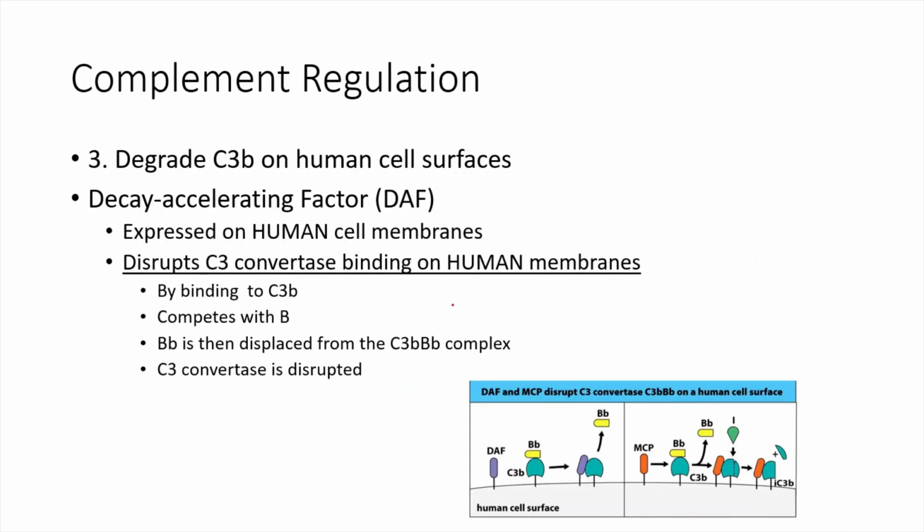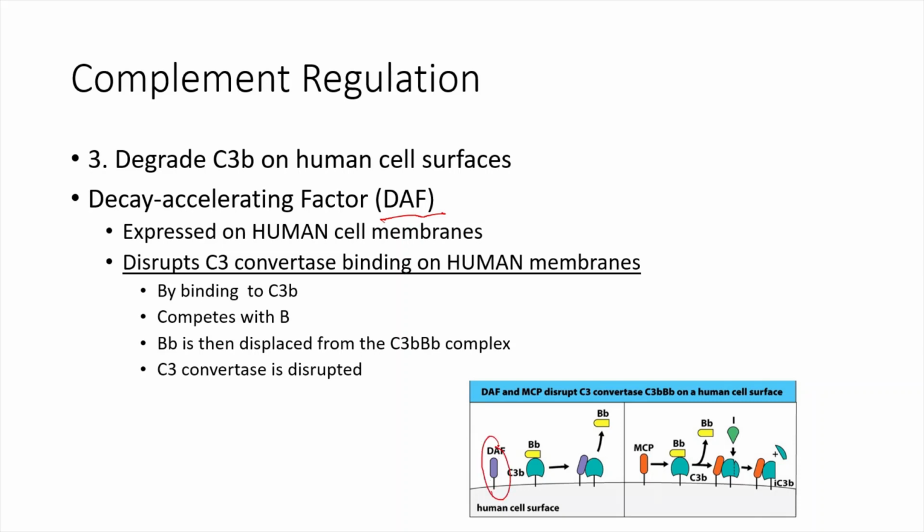Well, looking at the human cell side, we don't want the complement system formed on our cells. So there are a couple of factors here. First is the decay accelerating factor, or DAF. DAF is expressed on all human cell surfaces.